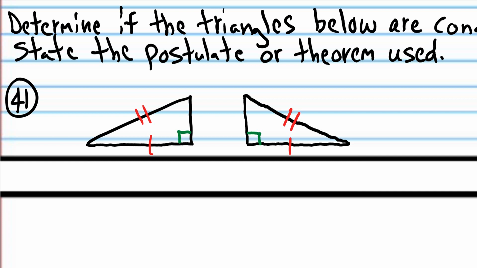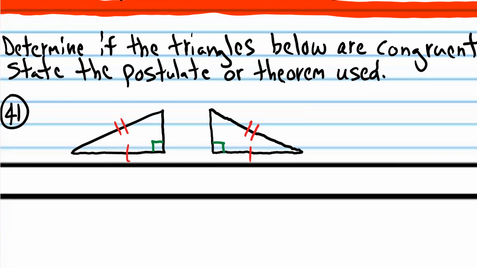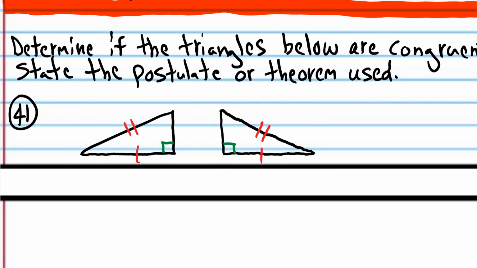Now, let me explain why this is significant. Now, notice we have side side angle. In previous classes, we learned that there is no such thing as an SSA postulate or theorem. The SSA idea or statement does not work. But here we have SSA, and it does work. The reason that it works is, again, this is a special case where you have right triangles.